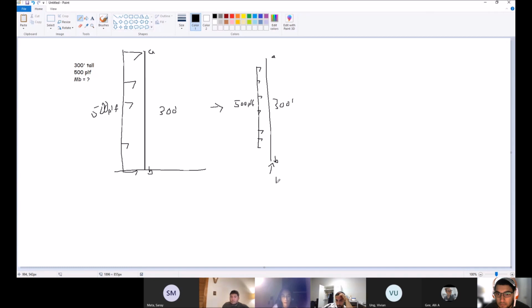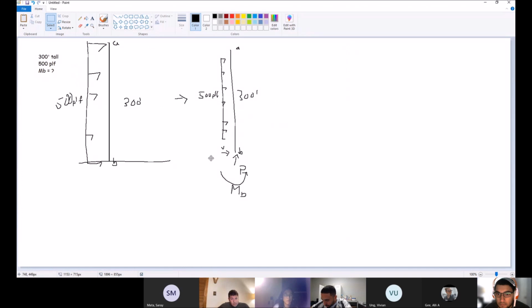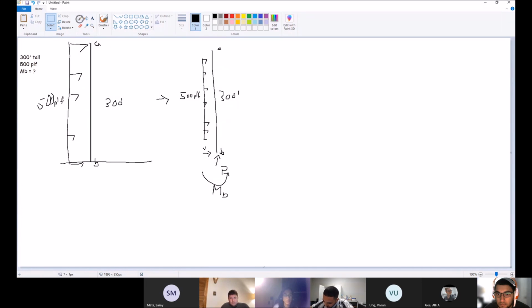So we have the axial force, the shear force, and the bending moment. We're literally cutting it right at the base. We still have the entire building, but now we have these internal forces at the base. It's very simple, unless I overthought this.